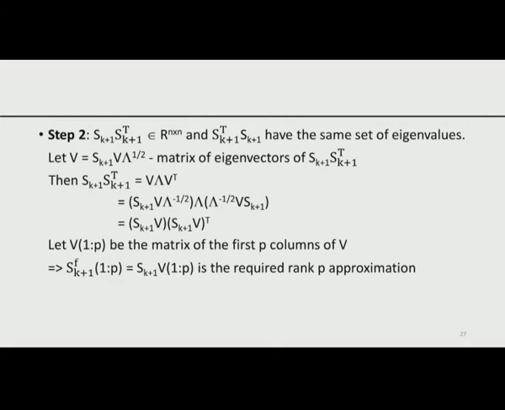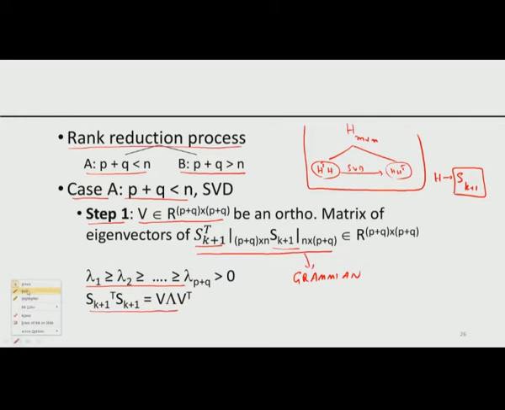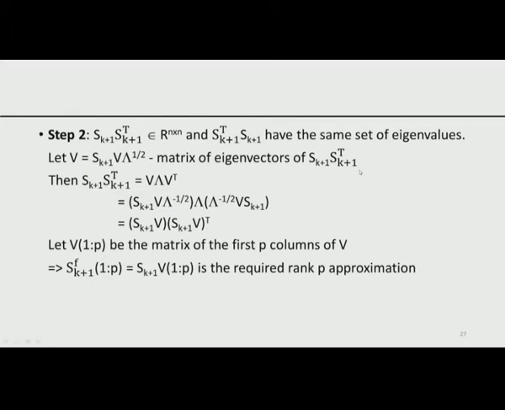Once I know the eigenvalue decomposition of H transpose H, I can derive that of H H transpose using SVD, and that is exactly what I am trying to do. I already know the eigenvalue decomposition of S_{k+1} transpose S_{k+1}. So I am now going to obtain S_{k+1} times S_{k+1} transpose using the standard rule of SVD.